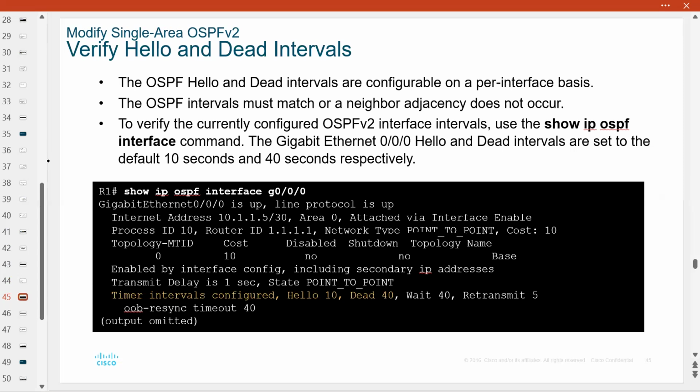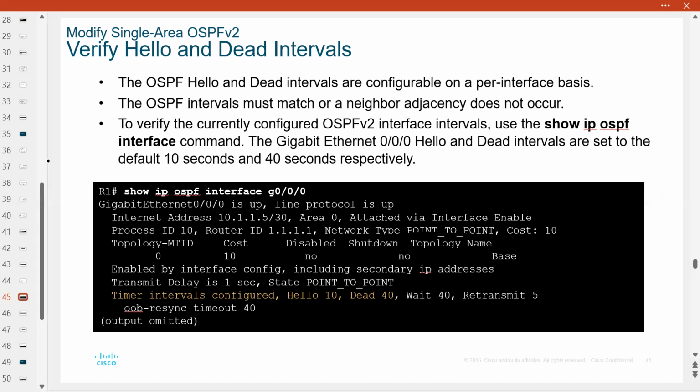So it's high time you make an effort to understand, if I have a show command, what is it showing me? It's very important. The show commands are very important at this stage. What are the show commands showing me? For this one, it shows you the hello and dead intervals. It also has the router ID.